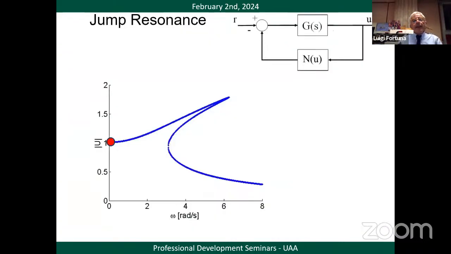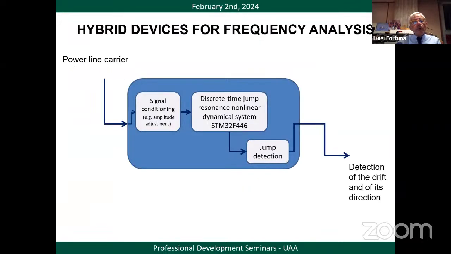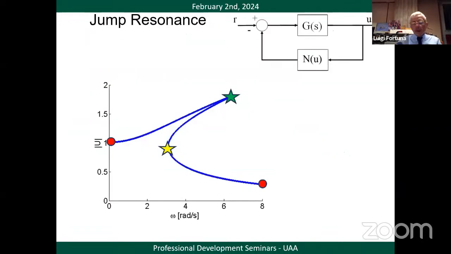What's happened? Here is the shape of a nonlinear jumping resonance. As you can see, we have a resonance when we go up and another frequency when we go down. So we have two lines: up and down, and then down and up.